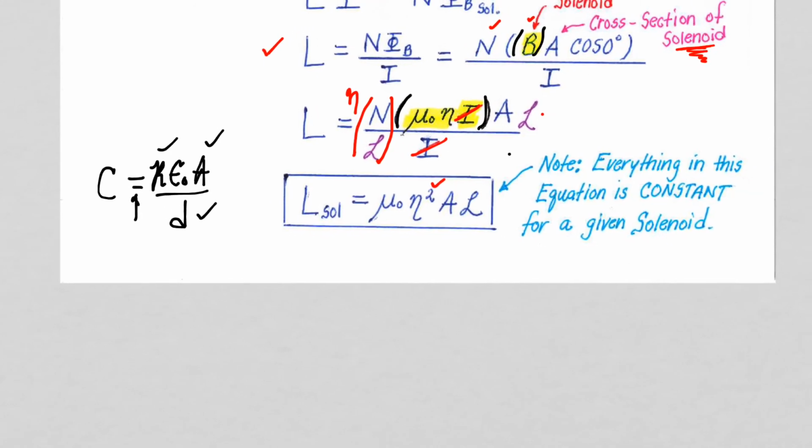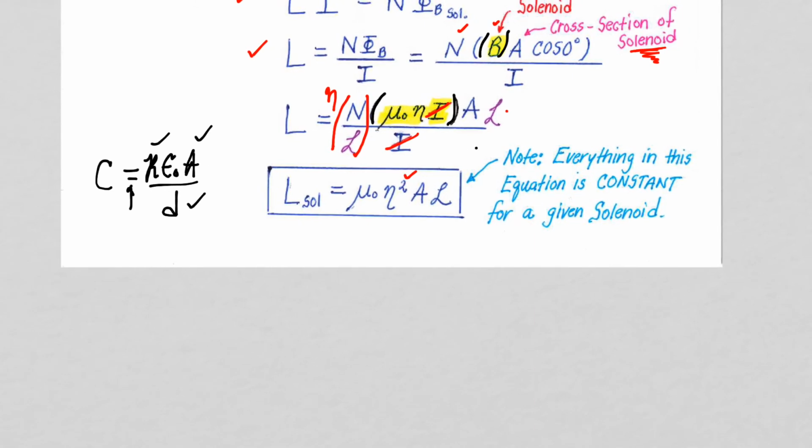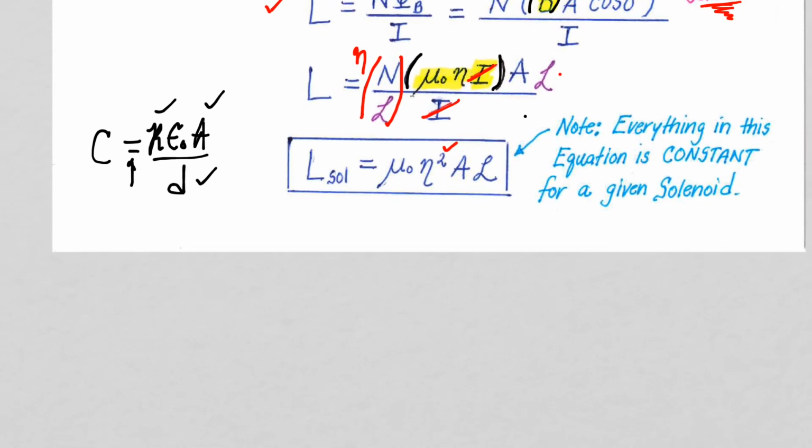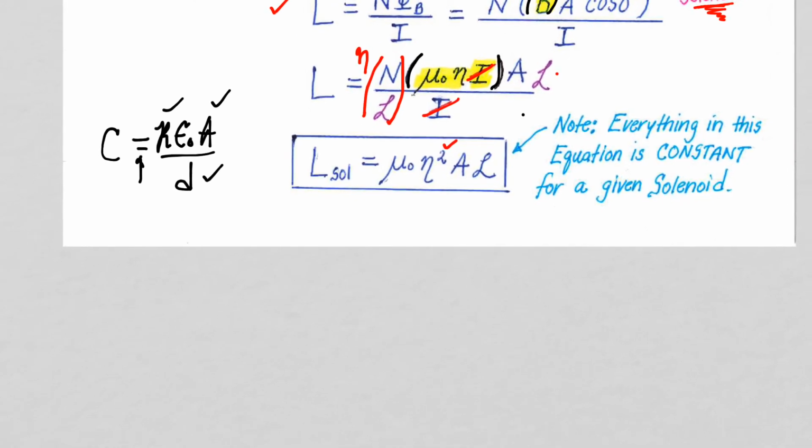Same thing for inductance. Inductance, this L parameter, is a strength parameter. The stronger the solenoid is, the larger all of these values. So you'll have a strong solenoid. There's going to be a lot of magnetic field strength when the solenoid has a large number of turns per unit length.